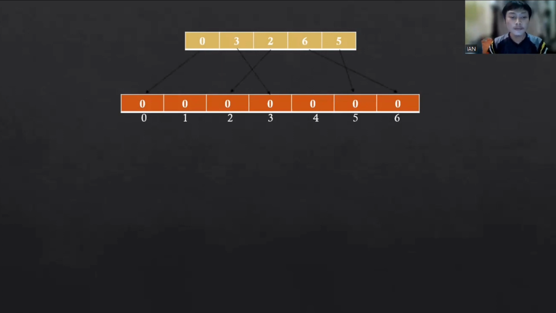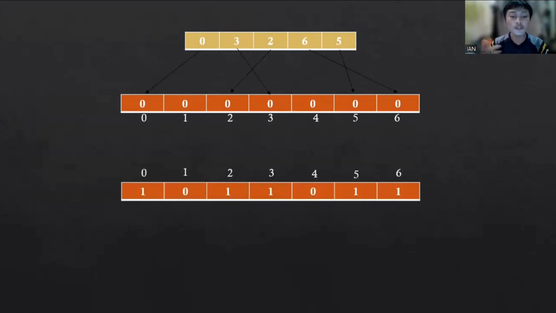Then, the content of the old array will be moved to the new array based on the frequency of the old array. That's why the new array will be filled with data from the old array.